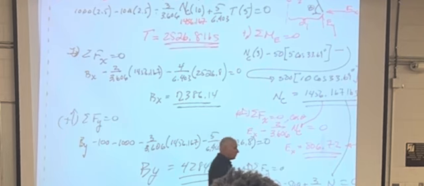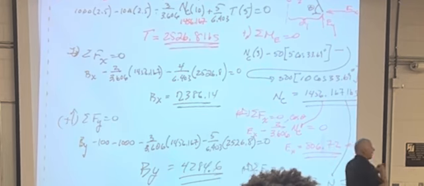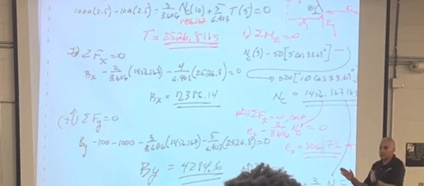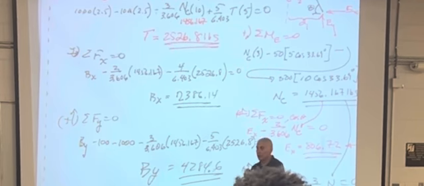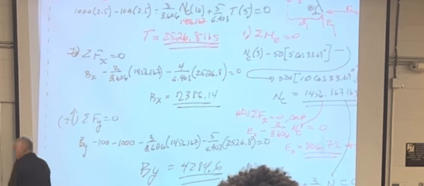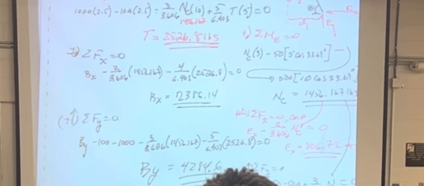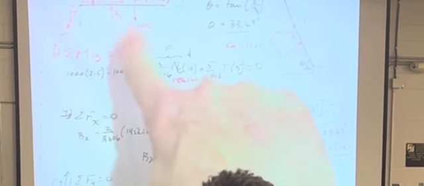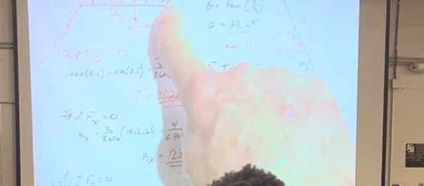Again, all of this starts with an appropriate free body diagram. If your free body diagram is bad, the equations are going to be bad. Why? Because whatever you see in the free body diagram, you're going to put in the equation. So here, I saw a downward T, a downward 100, an upward BY, a downward here, and a downward NC.